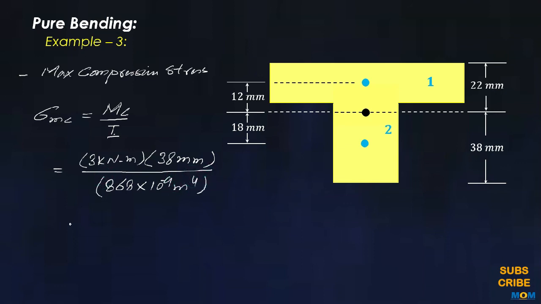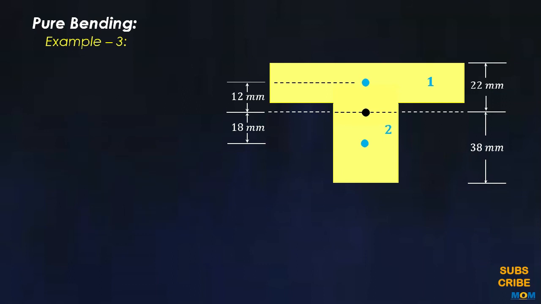After solving this, the maximum compressive stress is going to be minus 131 megapascal. Here the minus sign depicts that this is a compressive stress.